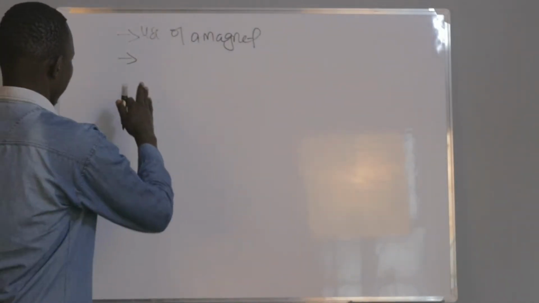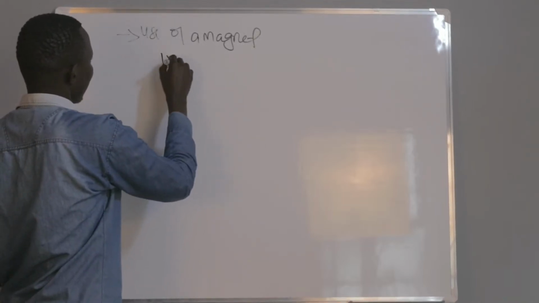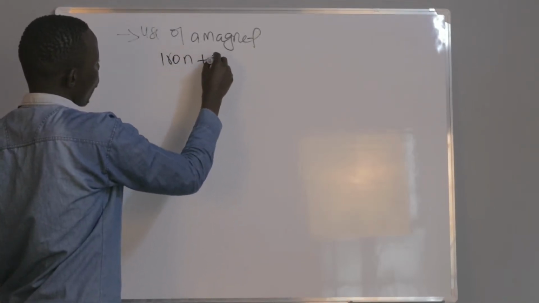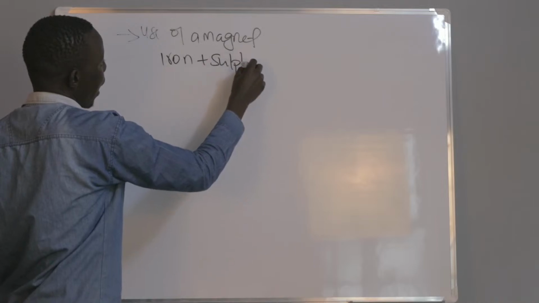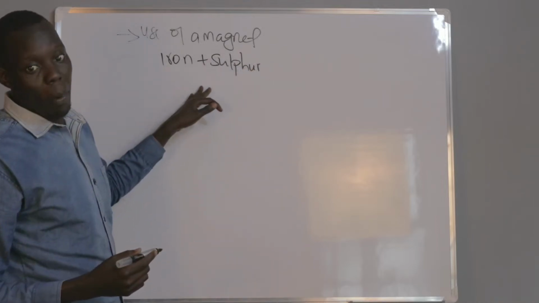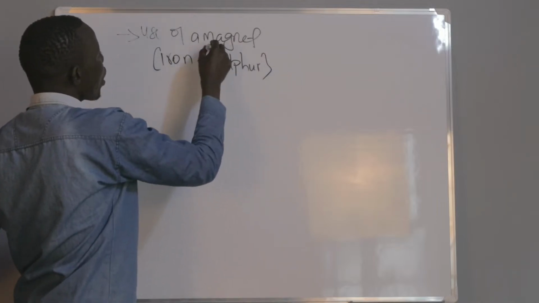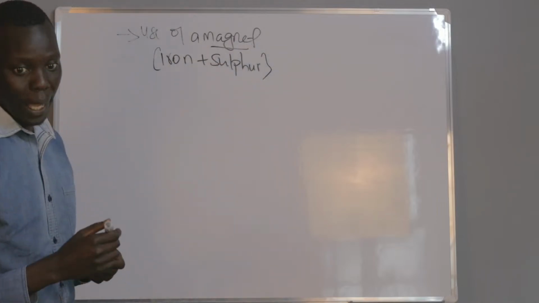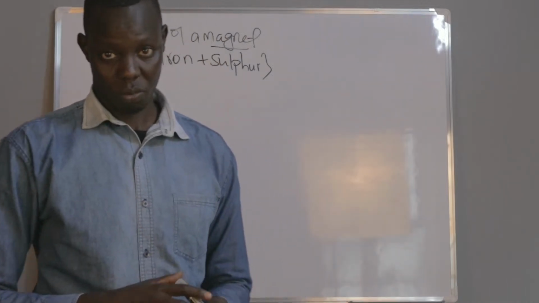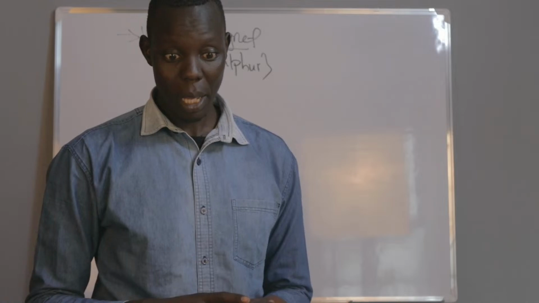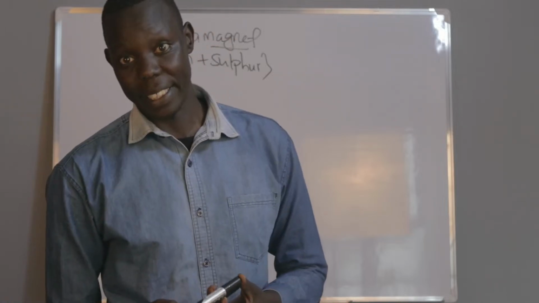A mixture, I'm not saying a compound. If you want to separate them, we will use a magnet. Why? Because iron is magnetic.